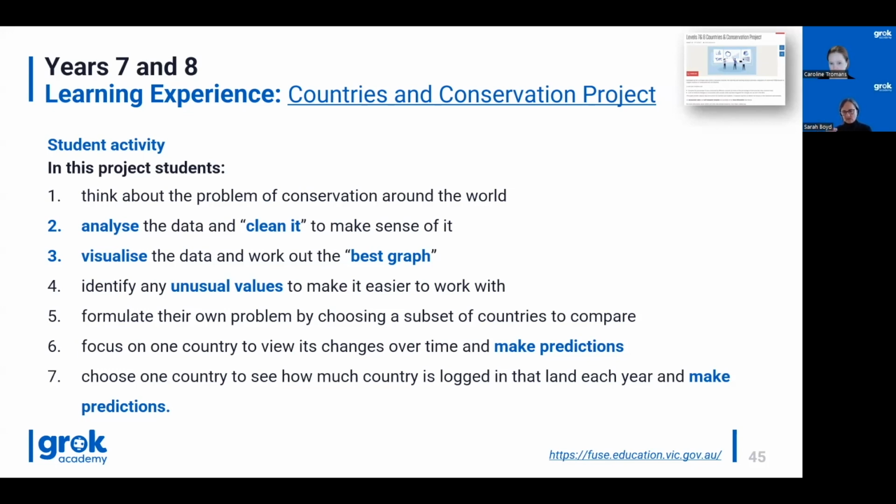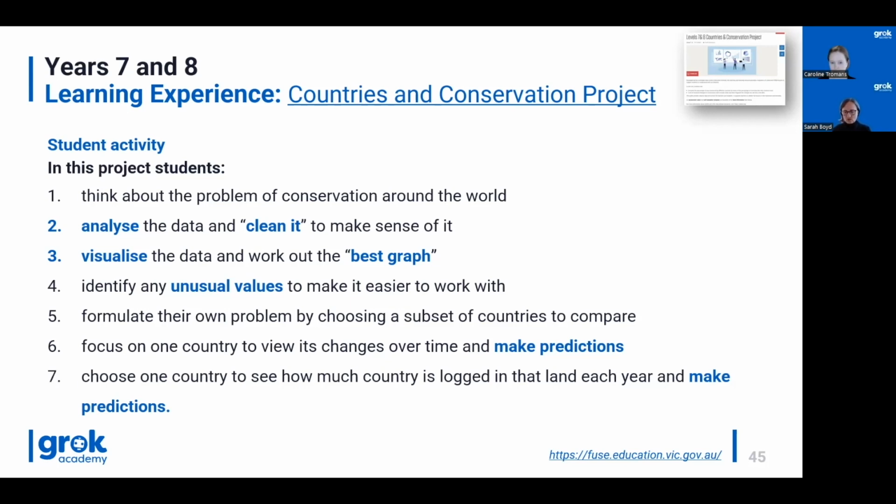So this is all in a lesson sequence that is identified for the teacher. You can follow along with it. I'm just summarizing it here to give you a flavor if you want to pursue this further. Then the students are encouraged, in step 4, to identify any unusual values and to formulate their own problem. It's scaffolded in the sense that you've got this limited set of data, but they can choose a subset of countries to compare.